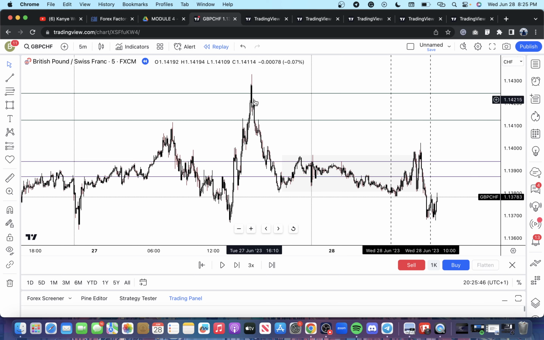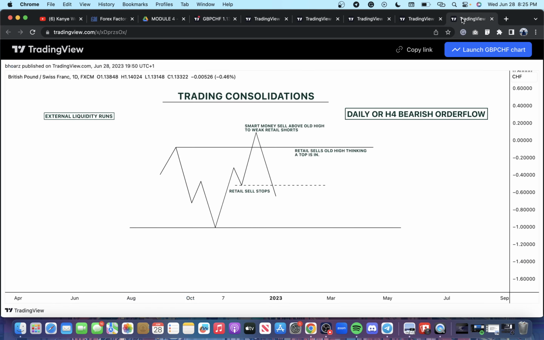And the same logic also applies to yesterday's price action. In external liquidity runs in a daily or 4-hour bearish order flow, smart money will sell above old highs to trap weak retail shorts, as retail sells an old high thinking that's a top too early, and at the same time retail also goes long as the market breaks above that old high.